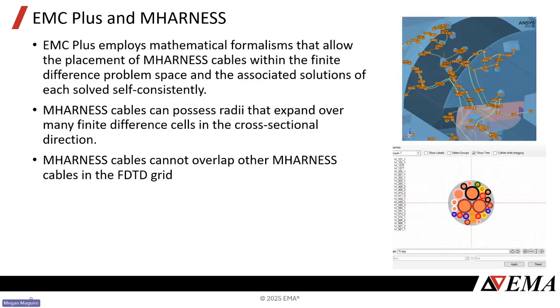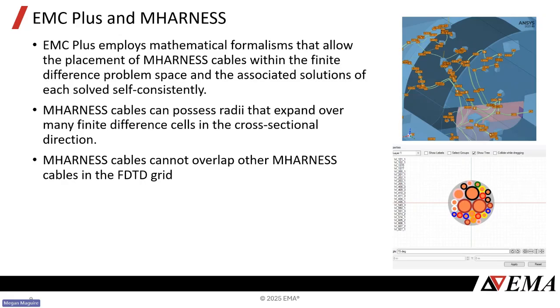So EMC Plus uses mathematical formulations that allow for the placement of these M-harness cables within the problem space, with the associated solutions for each solved self-consistently. Cables in M-harness can possess pretty much any radius. You can have very small cables or very large cables.